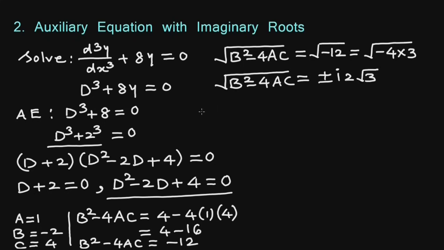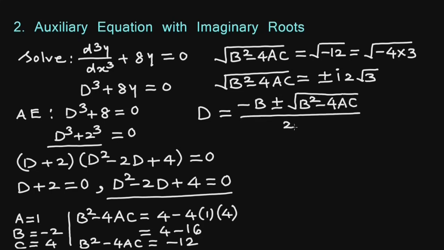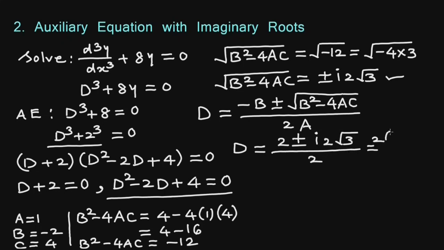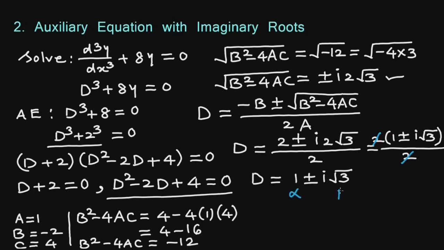By the quadratic formula, D is (minus b plus minus square root of b square minus 4ac) upon 2a, which is (2 plus minus i 2 root 3) upon 2 into 1, which is 1 plus minus i root 3. Here this 1 is alpha and root 3 is beta.